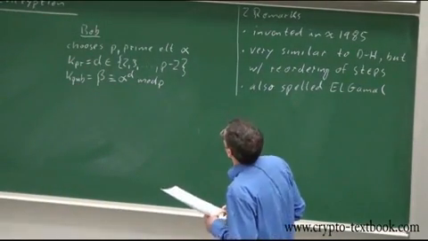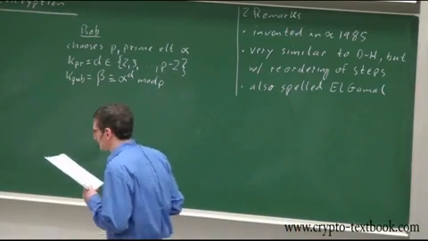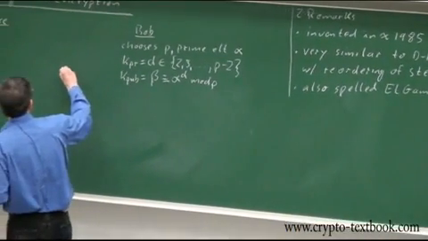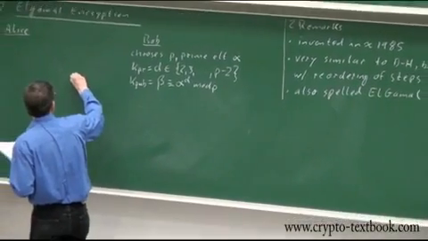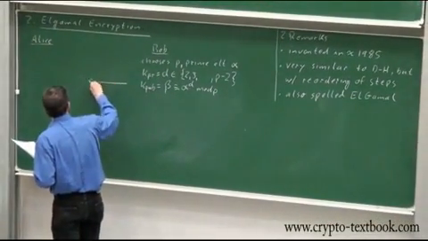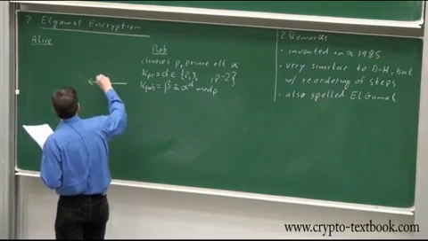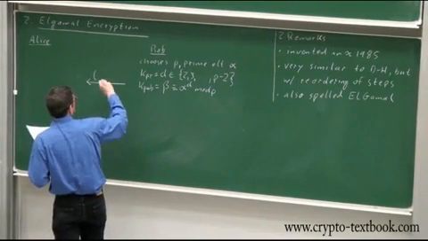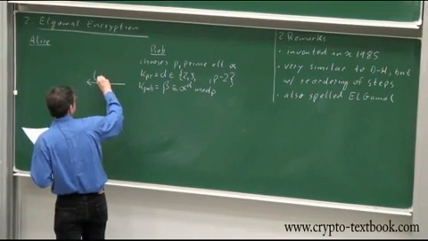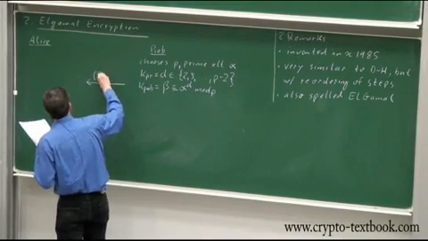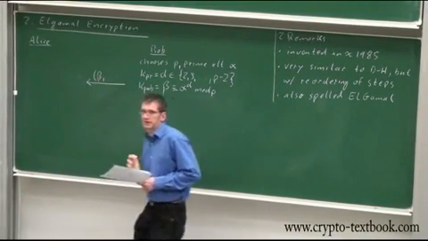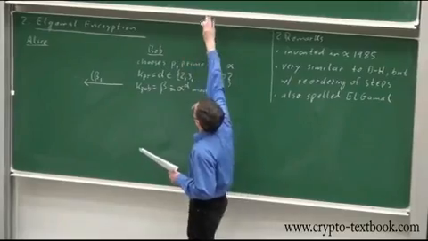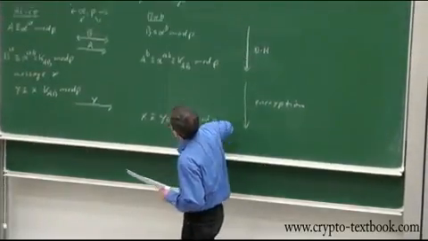Okay, so what you do at this point now, you're sending over the public key, which is beta, but not beta alone. This is kind of the equivalent of what you did here, right?